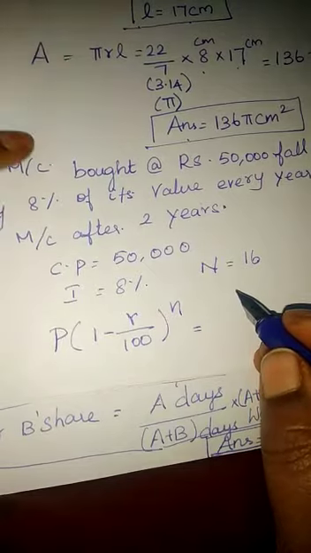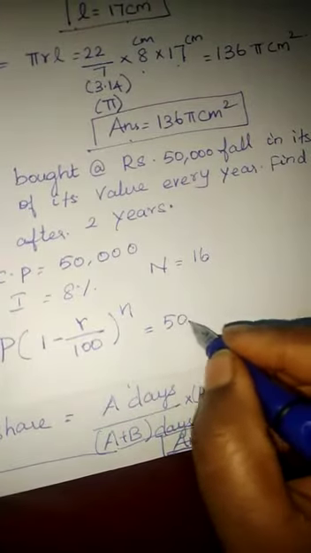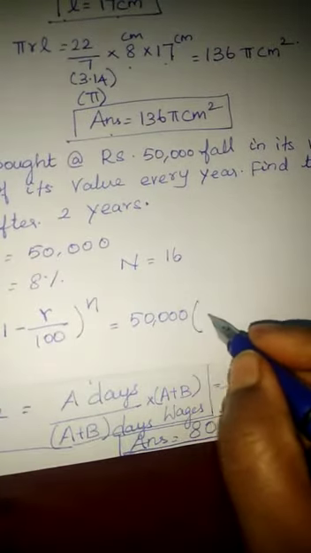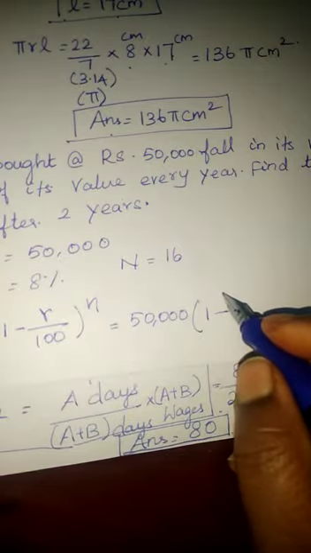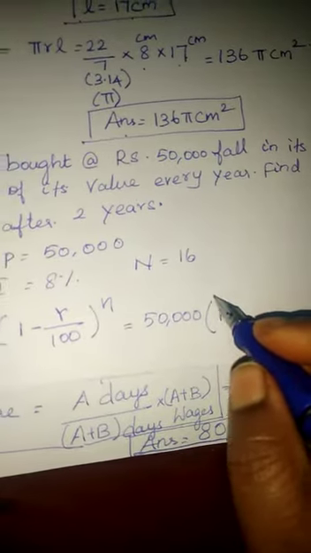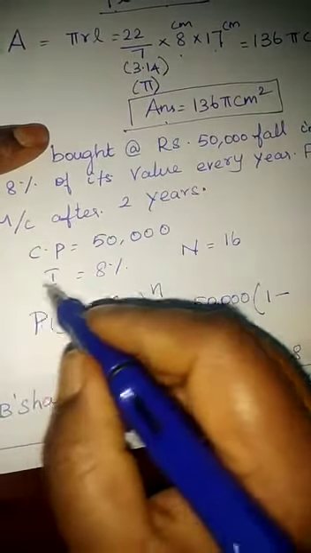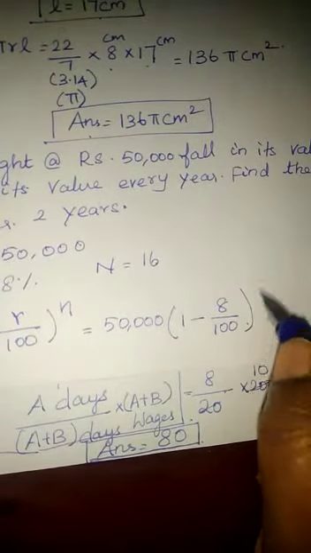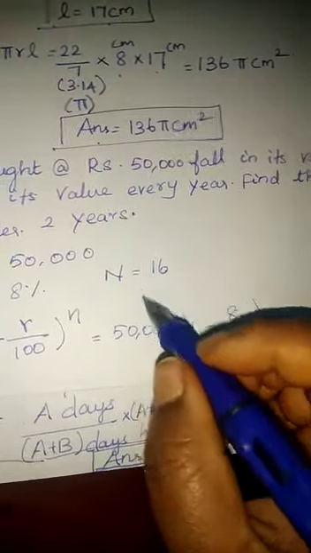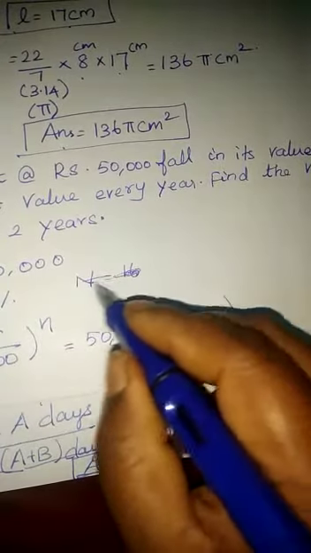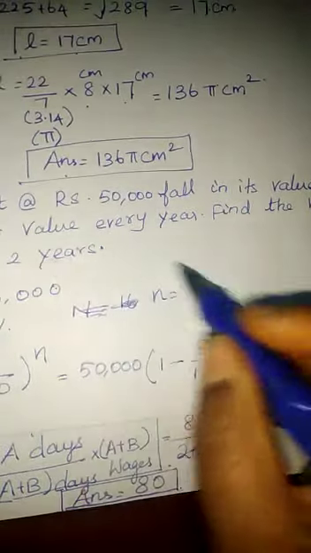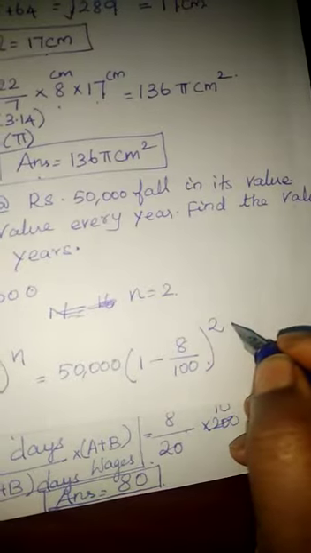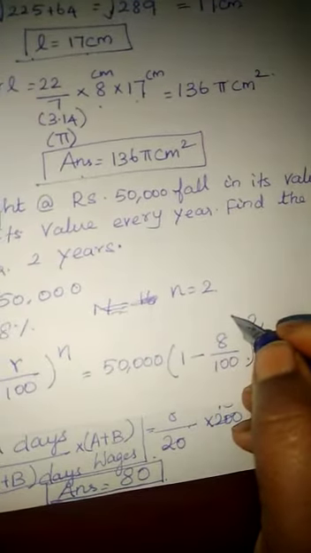Here the P is 50,000, the principal amount they spent to buy a machine. 1 minus R, R is the rate which is 8% by 100, and n, the number of years of depreciation, is equal to 2 years. After 2 years depreciation we have to find the machine's value.